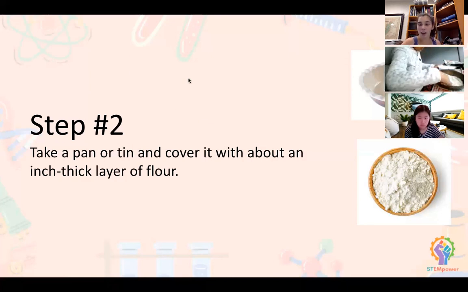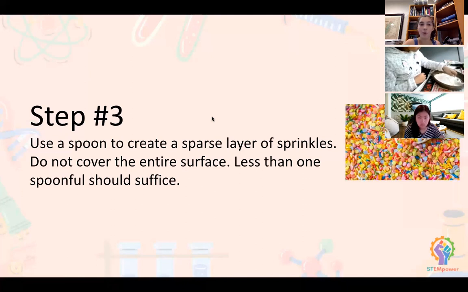So once you cover it with that flour, then we are going to use a spoon to create a very thin layer of sprinkles. Do not cover the entire surface. Less than even one spoonful of those sprinkles is totally enough.